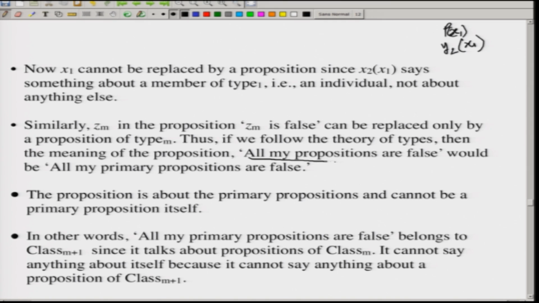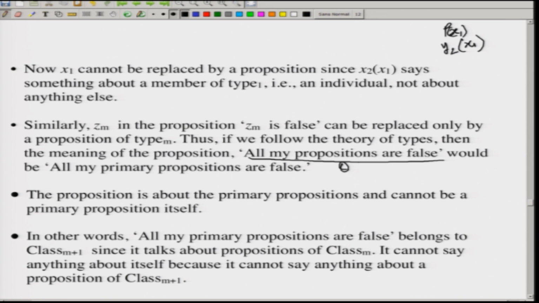That is, this proposition itself cannot be one of my propositions. It is not that all the other propositions and this proposition belong to the same level, they can't, because this proposition is talking about other propositions.